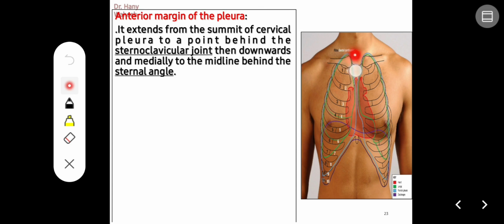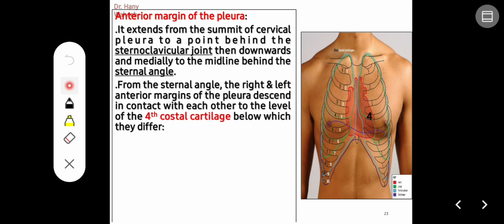It extends from the summit of the pleura downwards and medially to the sternoclavicular joint, then downwards and medially to meet in the midline behind the sternal angle.